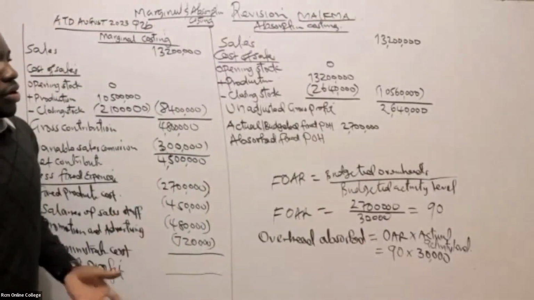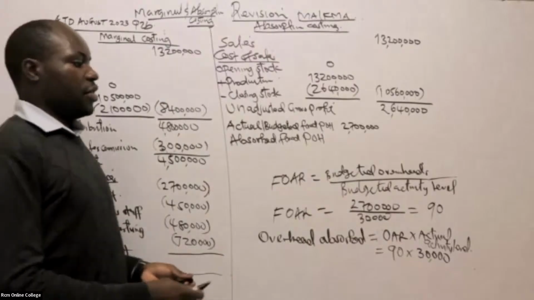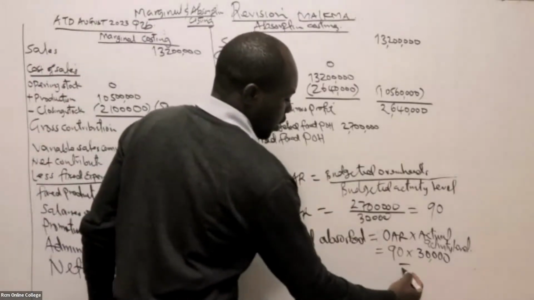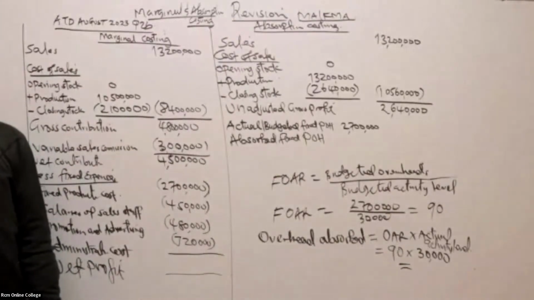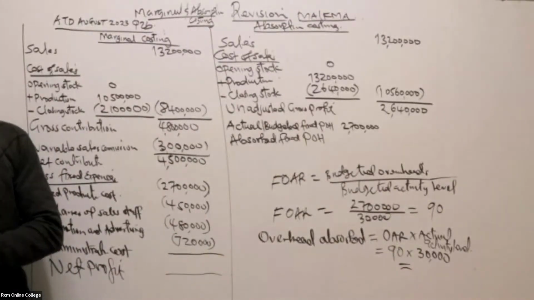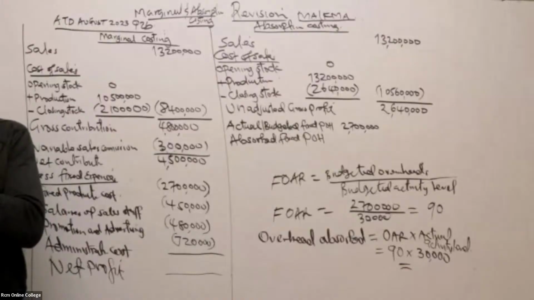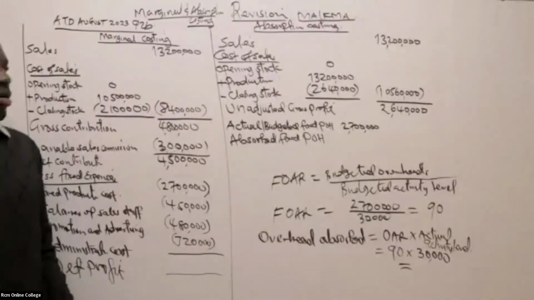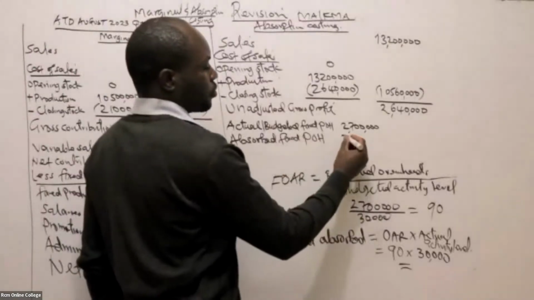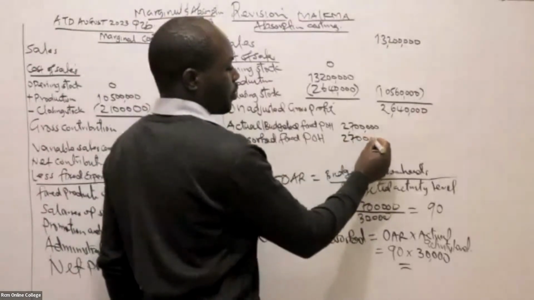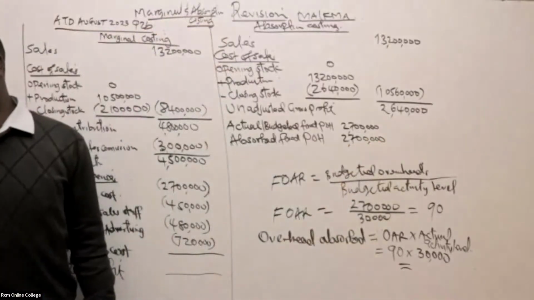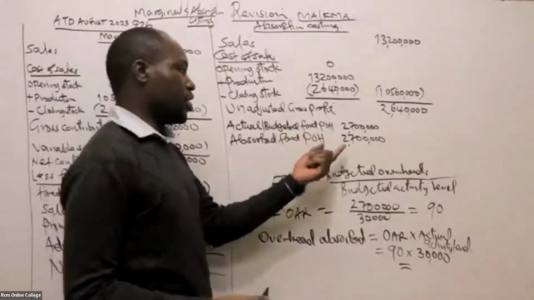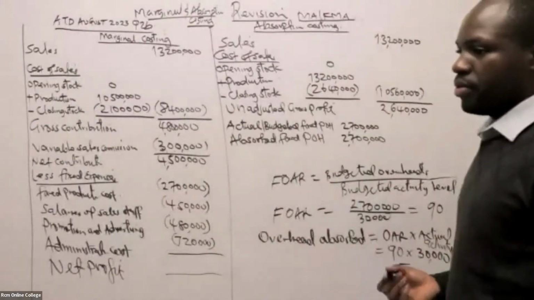Good. So having done that, we have been able to see what are we getting when you multiply. We are getting 2,700,000. Good. Now, the 2,700,000, you know, come and compare.